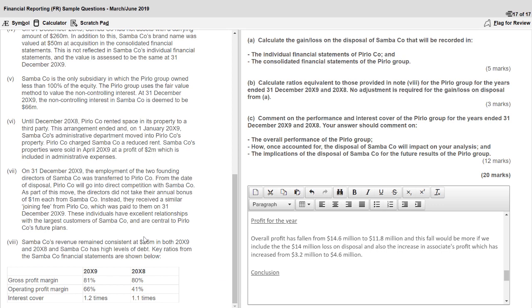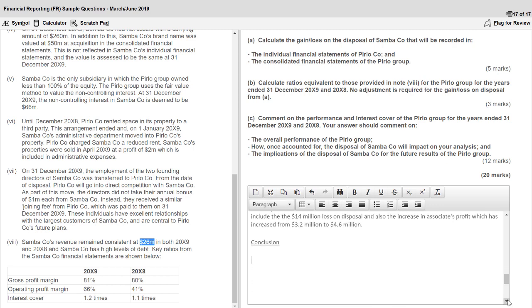It's got revenue that's remained stable at the 26 million when the rest of the group isn't performing as well. Something that we haven't mentioned, we can mention maybe the directors moving from Samba to Pirlo. But I think overall, it's not the brightest idea, is it, to remove this pretty well performing subsidiary Samba?